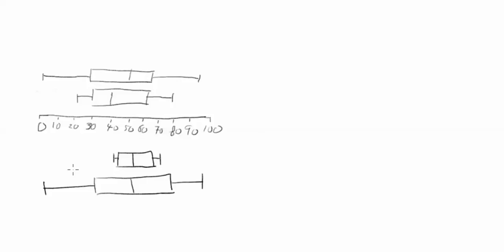So it depends on the context of the question what is better. But the wider the spread, the less reliable or consistent it is, and the closer together they are, the more consistent they are. The other thing to note is that a maximum could be a one-off thing.